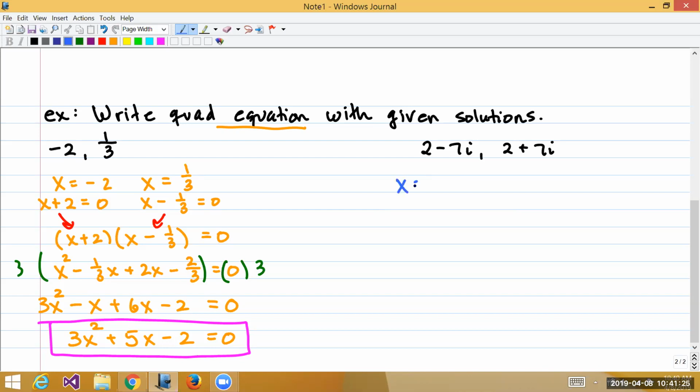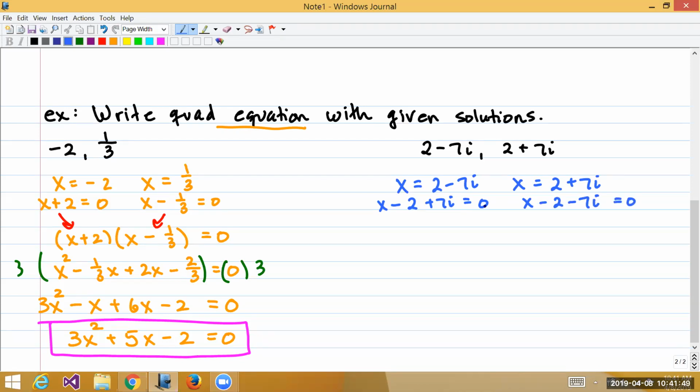So x equals 2 minus 7i, x equals 2 plus 7i. Now let's isolate everything to one side. So that will be x minus 2 plus 7i equals 0. There we go. Sorry about that. And x minus 2 minus 7i equals 0.